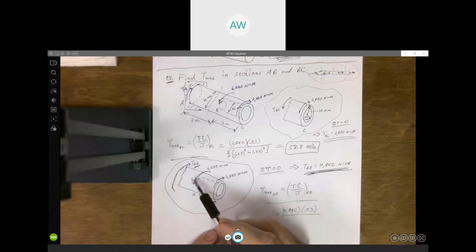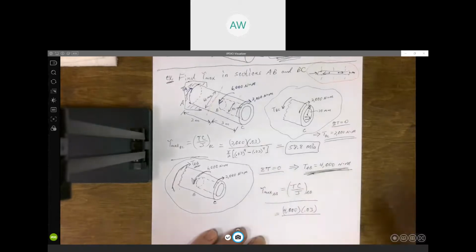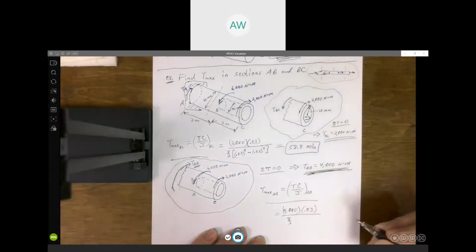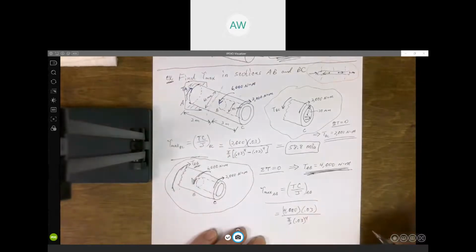J, this is solid back here between A and B, so we don't have to do what we did for BC. It's a solid, so it's just pi over 2 times the outer radius to the 4th, so 30 millimeters or 0.03 meters, would be J for that solid section AB.